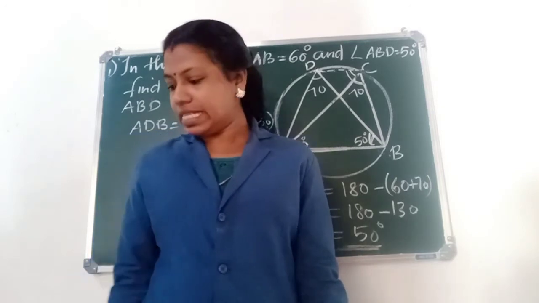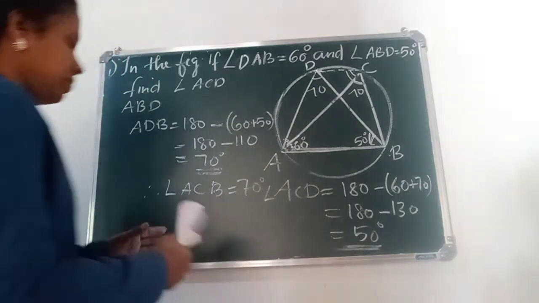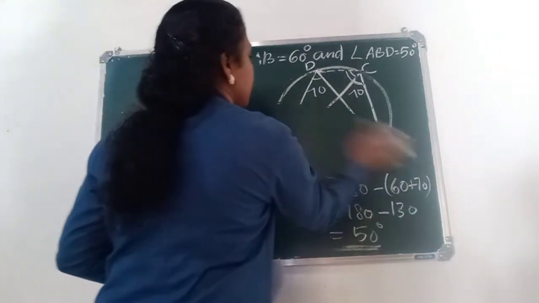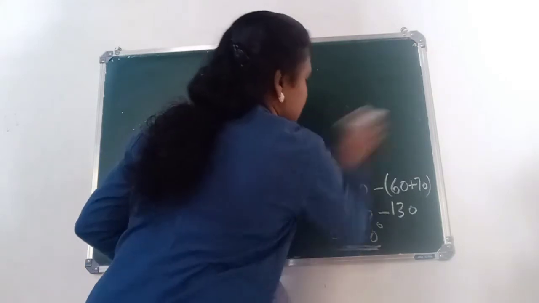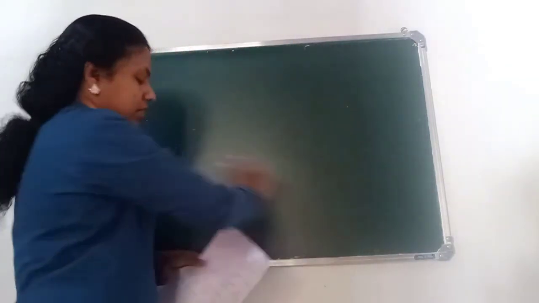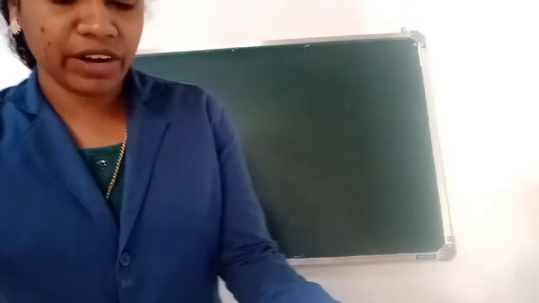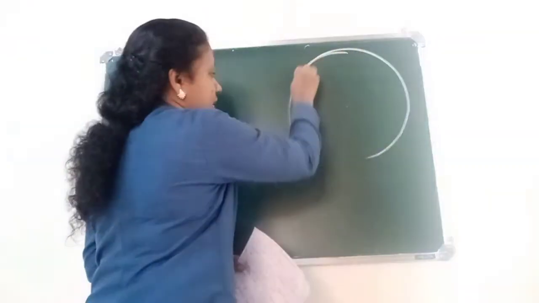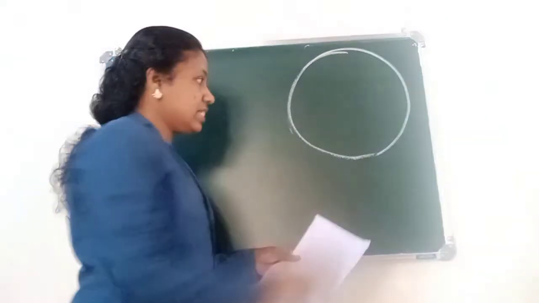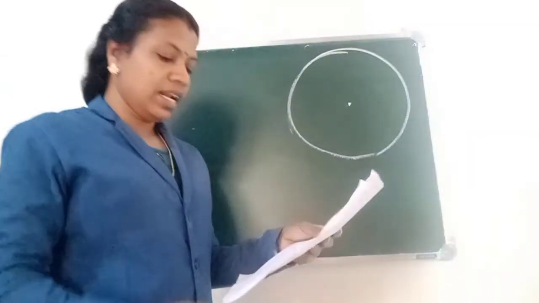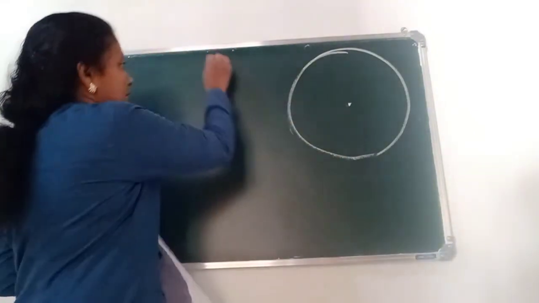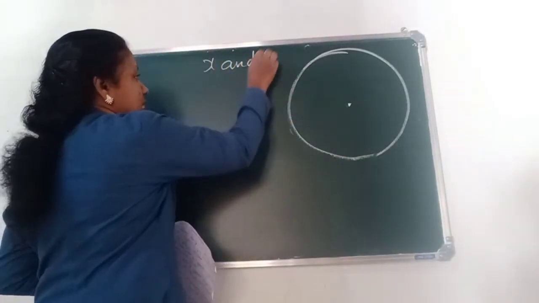Now, next example. Second example: O is the center of the circle and angle BOD equals 160 degrees. Find X and Y. That is the question.